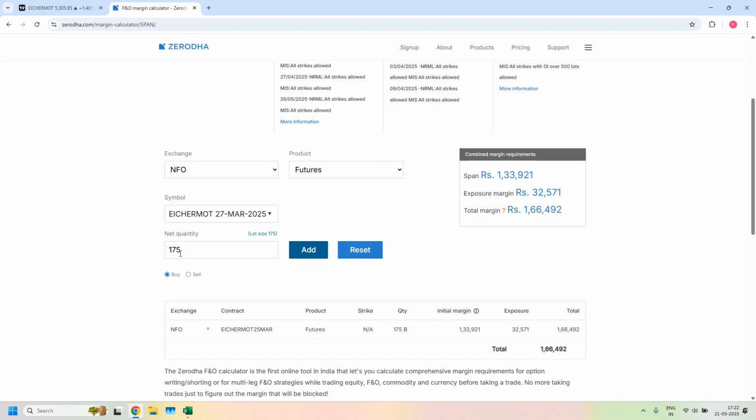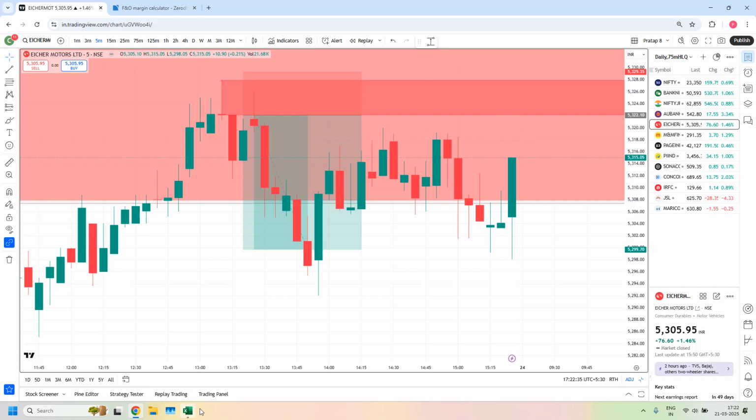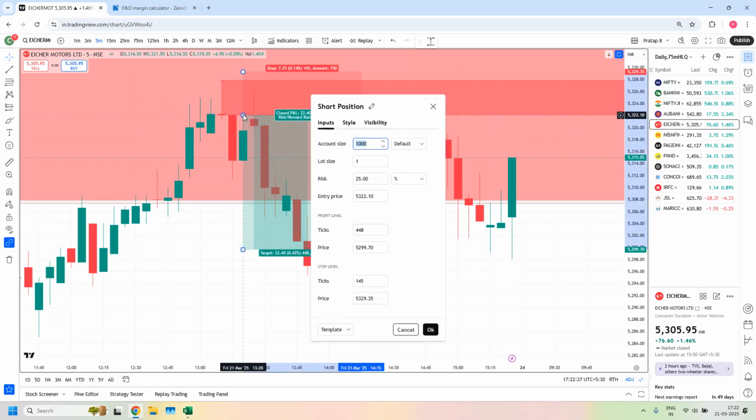But at present it is 125. So what could be the profit? HR Motors. What is the entry? First of all, before that, I should make sure the risk is within our accepted limit, that is less than 2%. That is important. So first, I will not calculate the profit. I will look into the stop buffer.